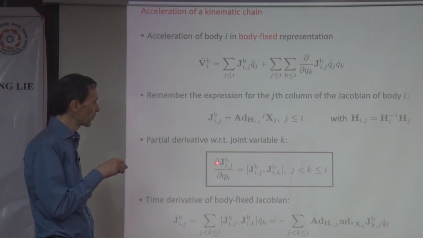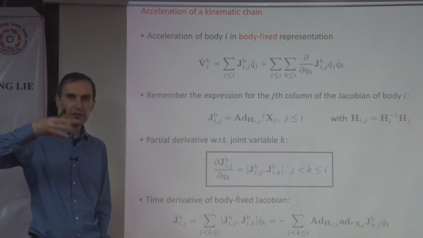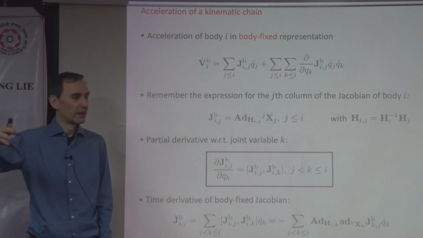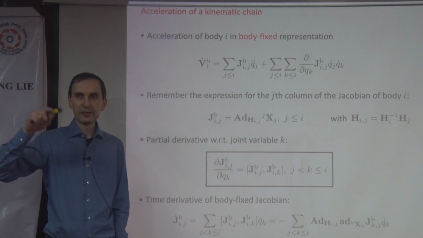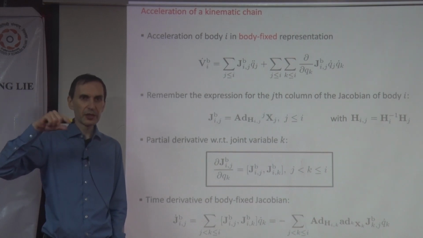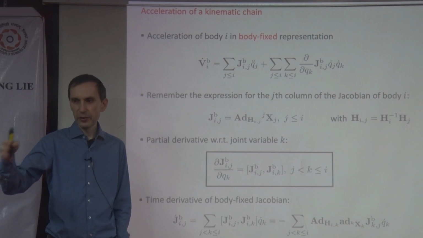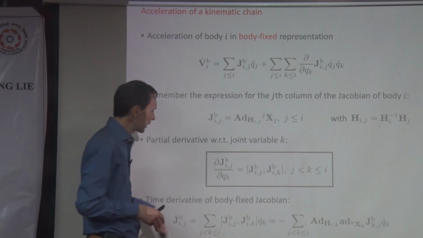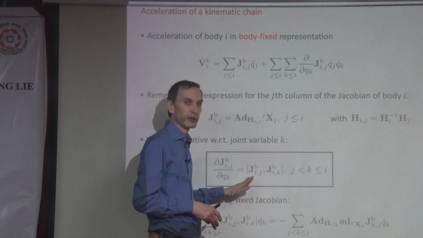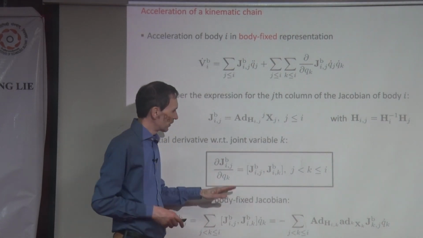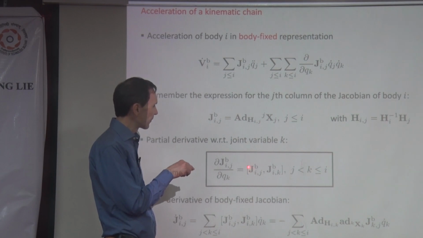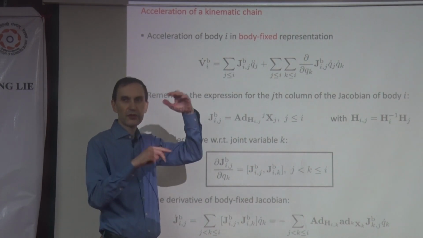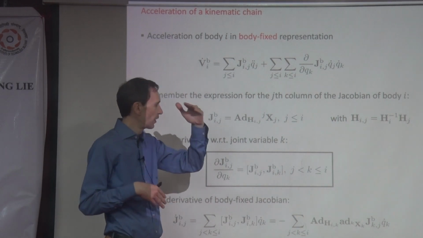Because what we get here is the partial derivative of the column J in our Jacobian. You don't have to take symbolic partial derivatives, or use computer algebra systems or something. You don't need this. Because what you get is an explicit algebraic form. Remember, that was the Lie bracket, and the Lie bracket was just this very simple expression with the cross product.